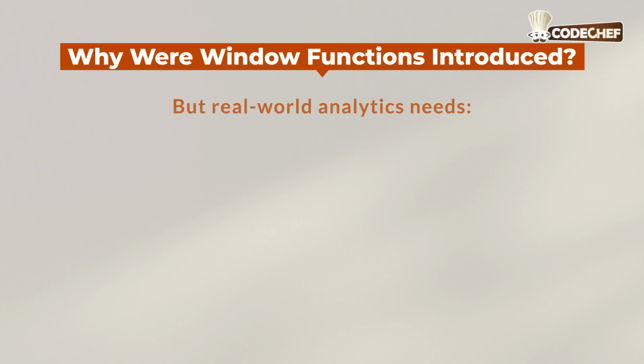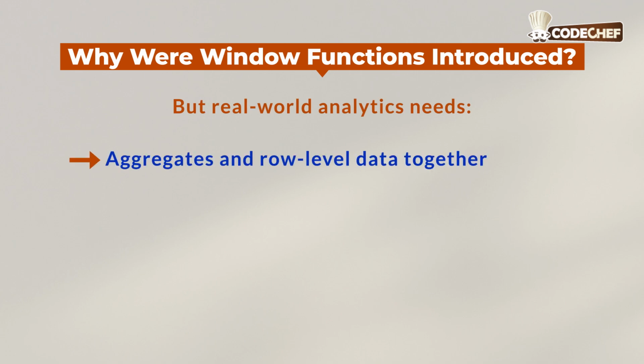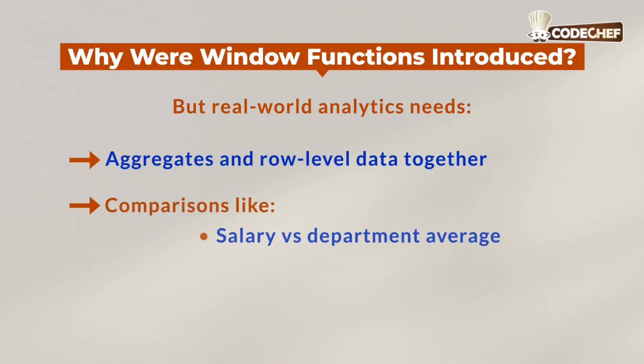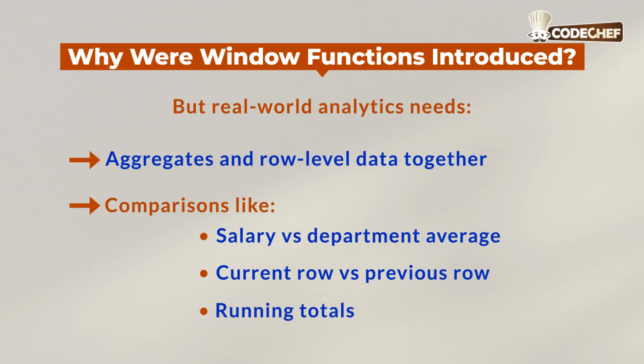But real-world analytics need aggregates and row-level data together. Why? Because sometimes we need to make comparisons like salary versus department average, or current row versus previous row, running totals, and so on. This is where window functions come in. Window functions solve this problem of losing the row-level details.